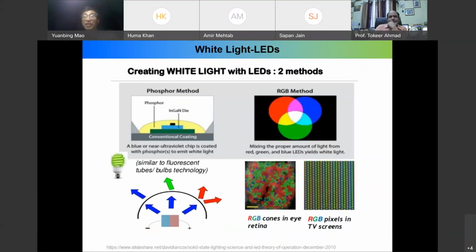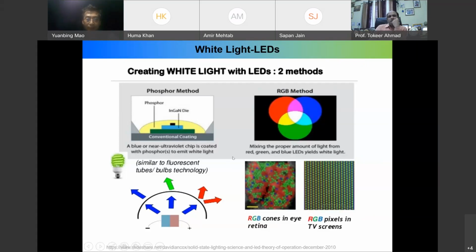So how do we really create white light LEDs? In general, there are two methods. We use LEDs and cover them with phosphor. Because the LED is a blue LED, when it is covered with yellow phosphor, it will give out white light.